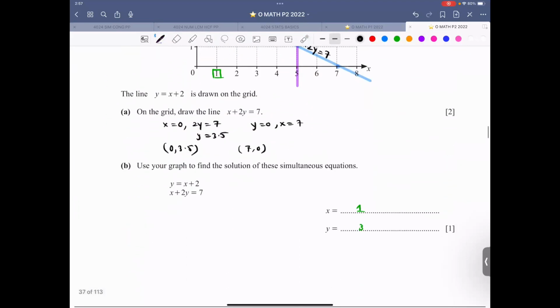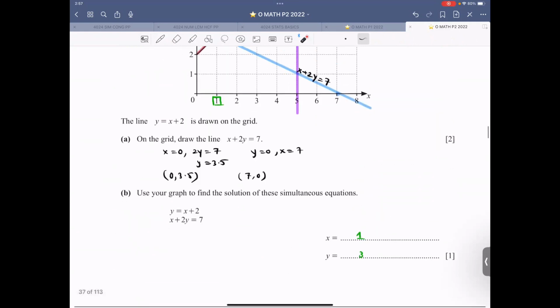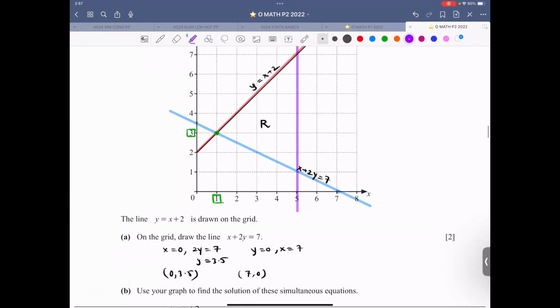Now it says the point Z is in the region. The x coordinate and y coordinate of point Z are both integers. Point Z does not lie on the boundary. Find the number of possible positions of Z. So basically we have to label these points. Let me label this in dark blue color.